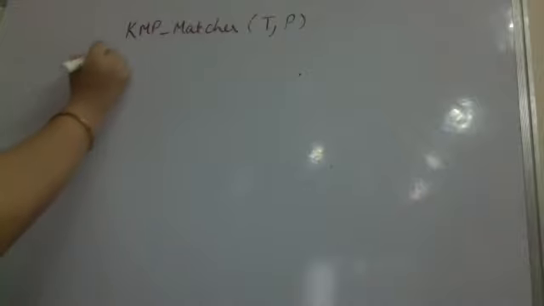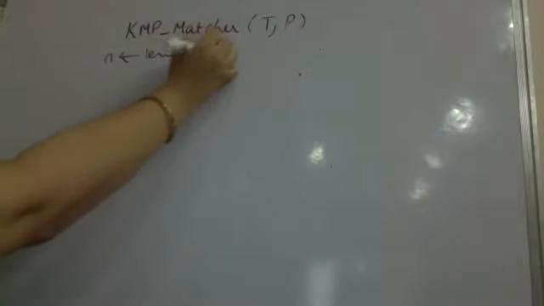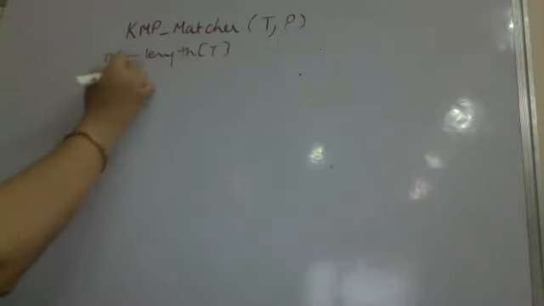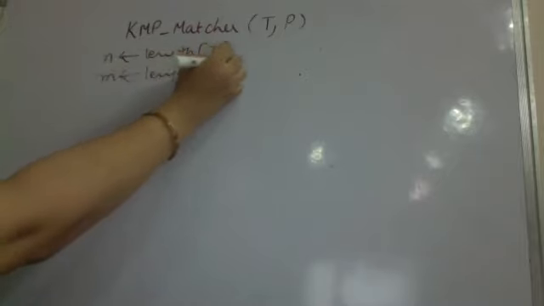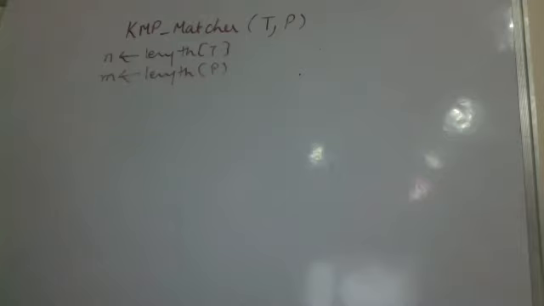For the matching, again I calculate the length of the text in n. I again calculate the length of the pattern in m. So I calculate the length of both, and I compute this pi function here. So what is happening when I am computing the pi function?